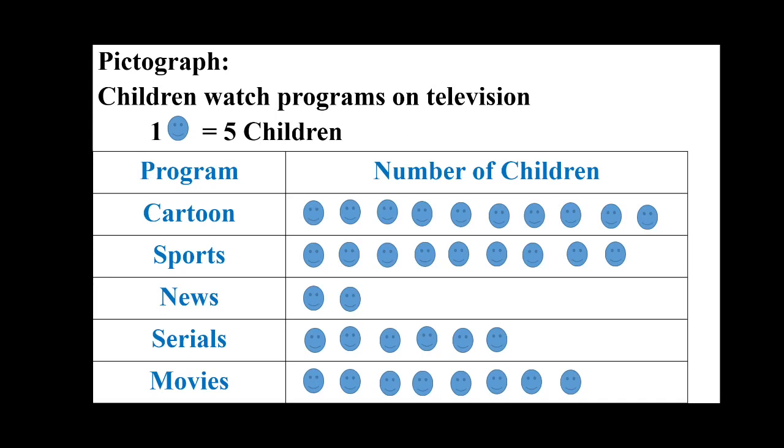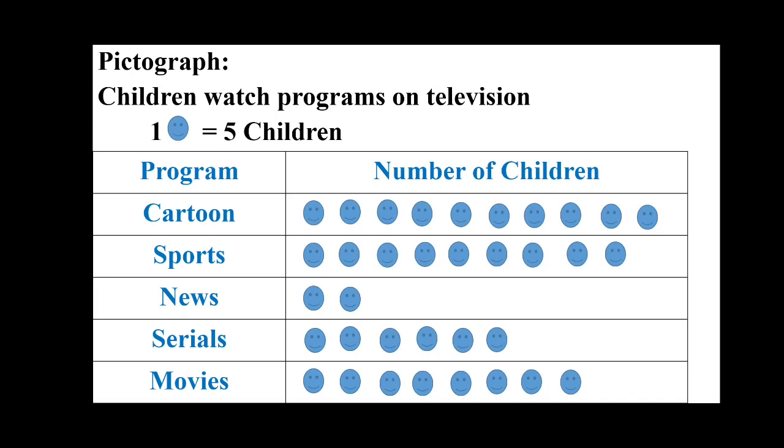10 children watch news. So, 2 symbols need to be placed near news because 2 5s are 10. 30 children watch serials. So, 6 symbols need to be placed near serials because 6 5s are 30. 40 children watch movies.